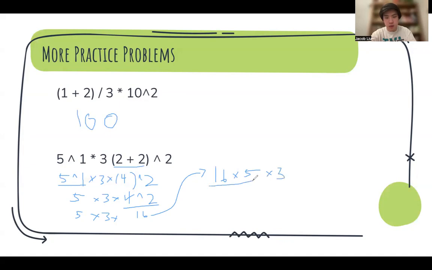So I think this is easier for me. 80 times 3. So yeah, just keep in mind that if it's all multiplication or all addition, you can actually switch the order. Do not do this for division or subtraction.